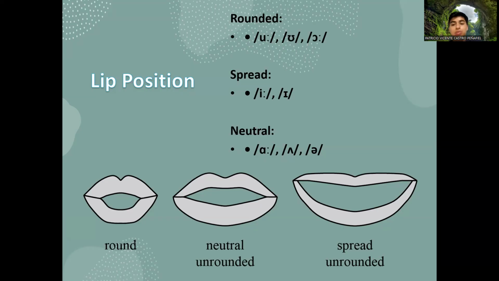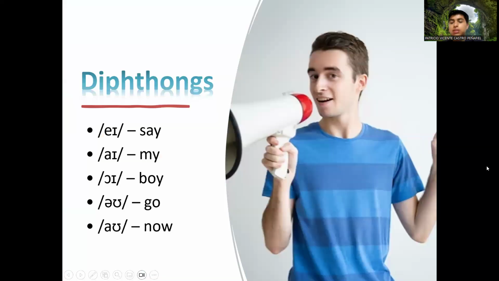Sometimes we can get rounded lips, spread lips, or neutral lips. It will depend on what we're studying, what we're pronouncing, and what we want to say. I mean, what vowel we want to pronounce. So it is very important to understand this. And let's continue with diphthongs.